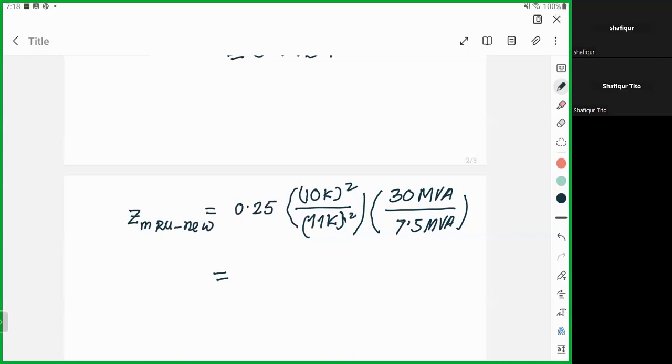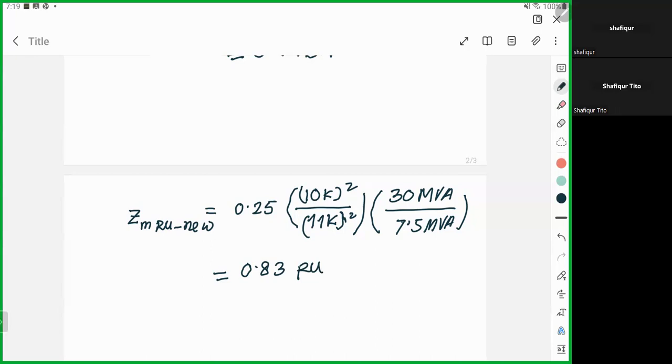So divided by 11 square times bracket 30 is the new one, divided by 7.5 is the old one, times 0.25 is 0.83 PU.